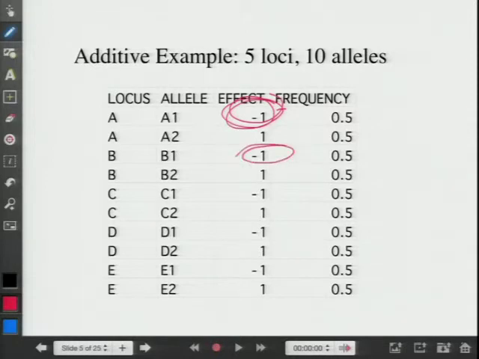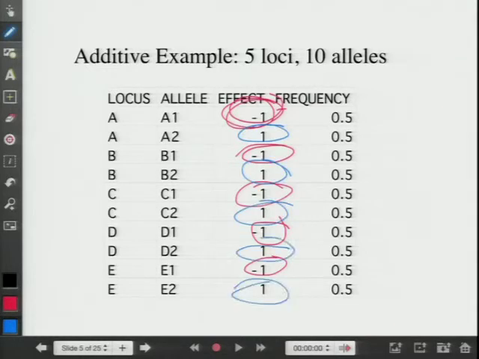The same thing with the B locus, and C and D and E, and these have separate additive effects to make your legs a little bit shorter, right? And the alternative allele has some kind of effect to make your leg a little bit bigger. They're not necessarily leg genes in the sense of being bones and muscles and whatever, but they're developmental regulatory things that affect how long genes are turned on and all kinds of other things that will affect how big a leg you end up with, right?